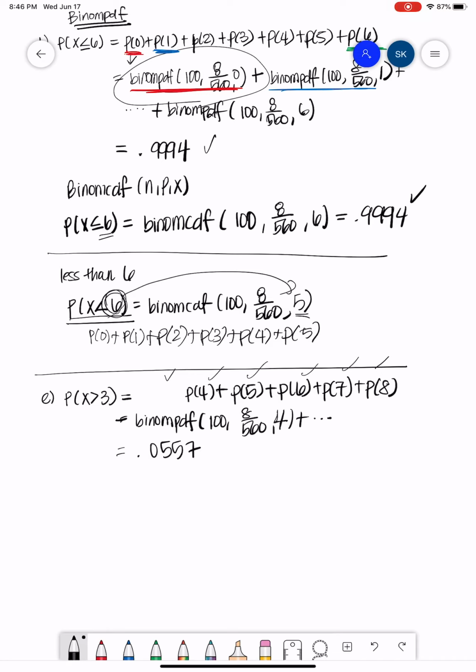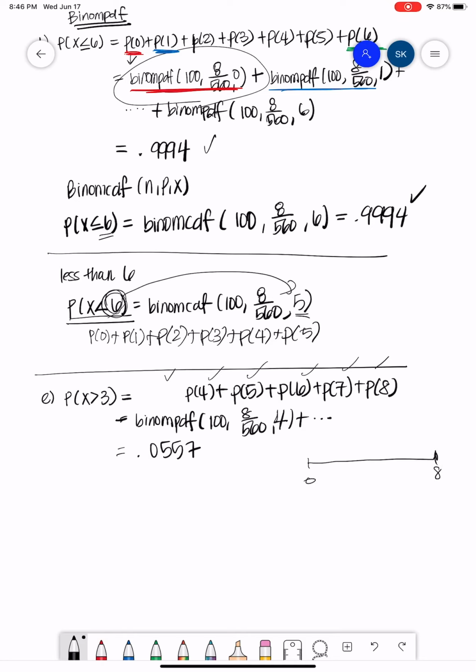Now, let's use CDF. Remember, you have two options, PDF or CDF. In the last example, I said CDF means cumulative, all the way up to a certain point. In this example, you cannot use CDF right away because it's not from the beginning, which was 0, all the way up to a certain point.